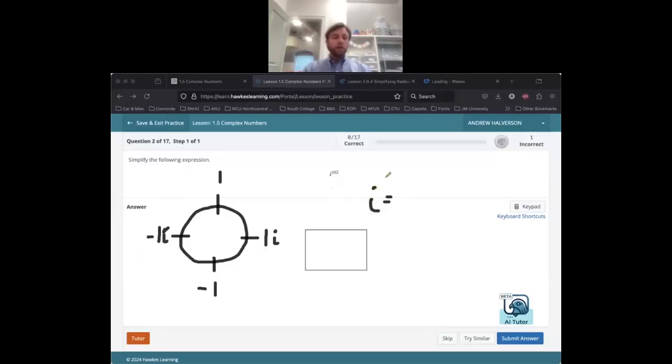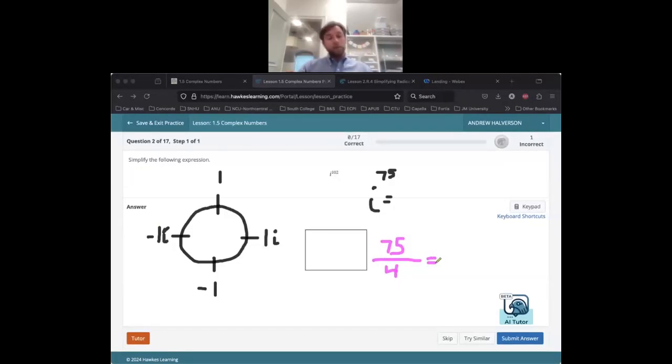So if I were going to do I to the 75, how many rotations do we do around our clock? That is determined by taking 75 and dividing it by 4.